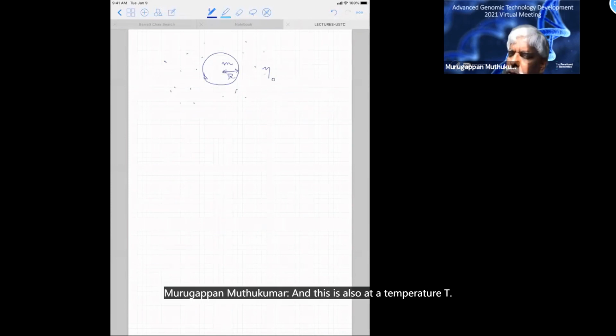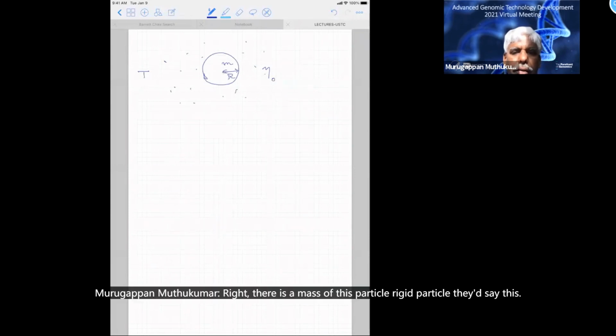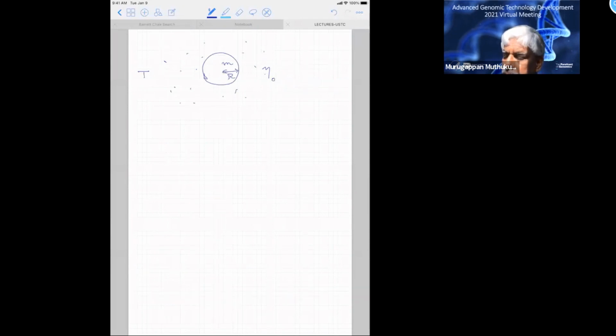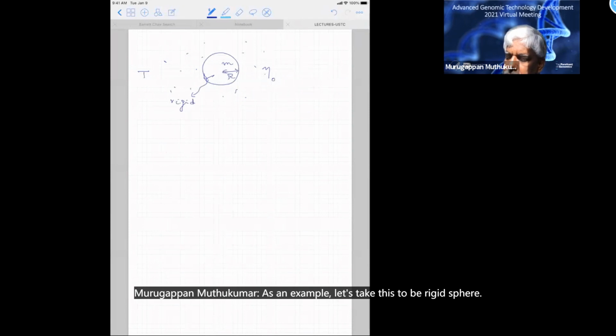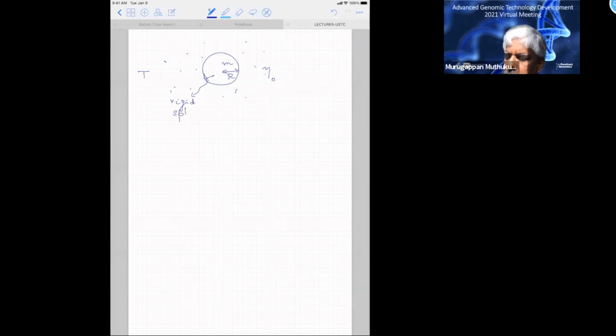And this is also at a temperature T. So this is a situation that we'd like to address. There is a mass of this particle, a rigid particle. Let's say this is rigid. As an example, let's take this to be a rigid sphere.